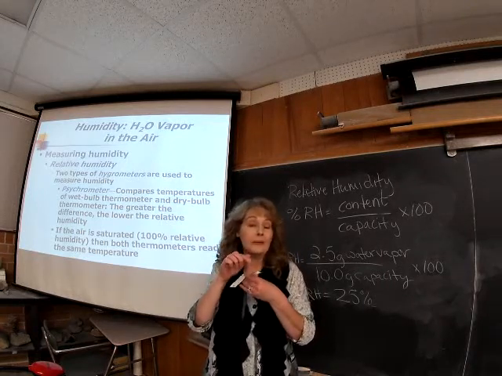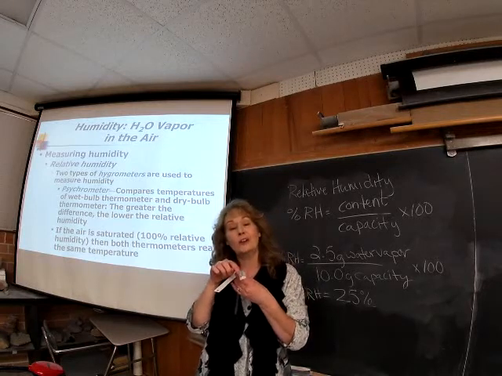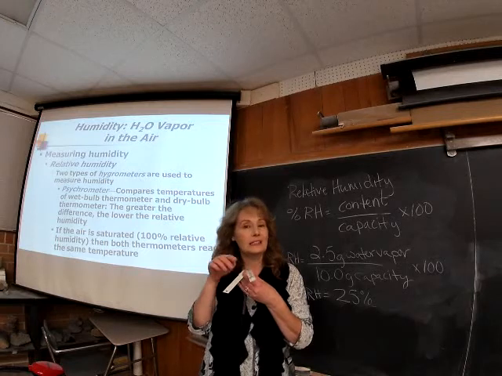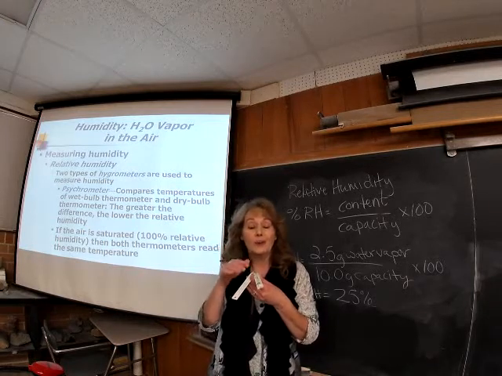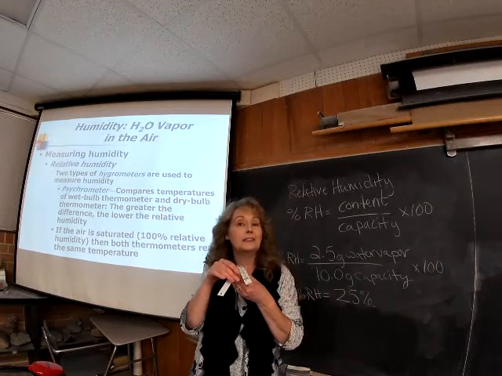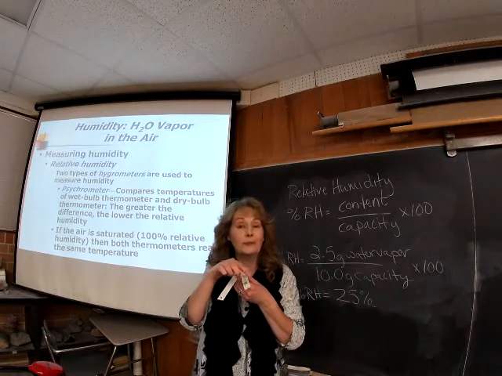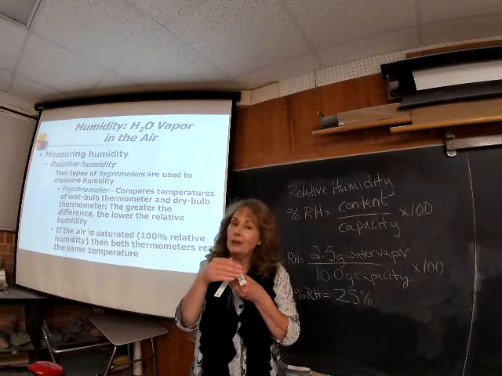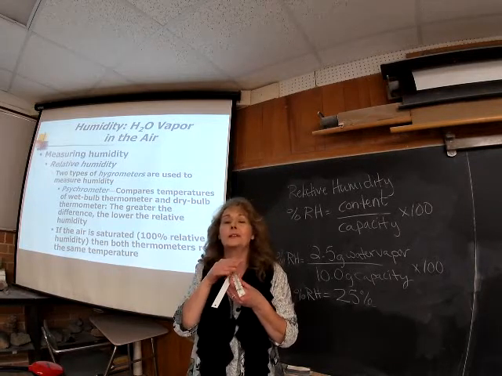The same type of thing is happening with this gauze. As I swing that around in the atmosphere, I'm facilitating evaporation, which requires 600 calories of latent heat to be absorbed from the environment right around my thermometer. So it actually lowers that temperature just a little bit.